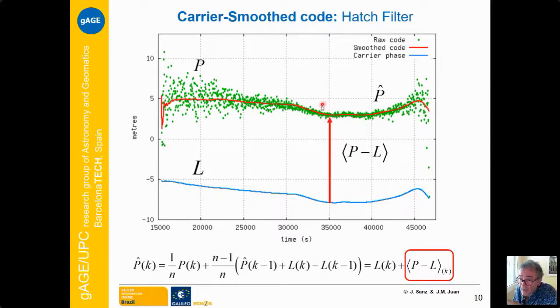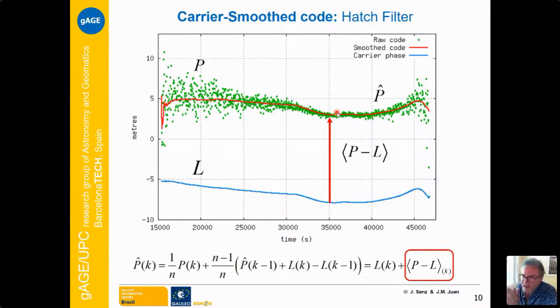This is not perfect because there is an alignment error, and the accuracy of this smoothed code is typically about half a meter. It depends on the elevation of the ray, but about half a meter. But this is not bad because it's better than having several meters of error.